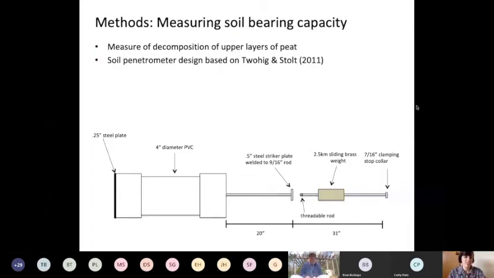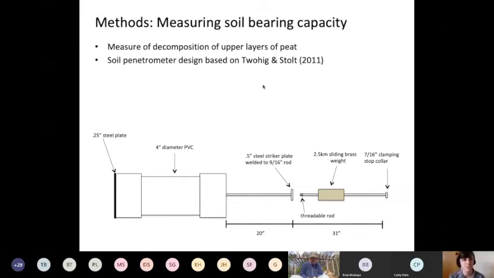My second metric, I took out into the field and I wanted to test soil bearing capacity using a tool called a soil penetrometer. And this tool is one that I designed based on a paper by Truhig and Stolt in Rhode Island.